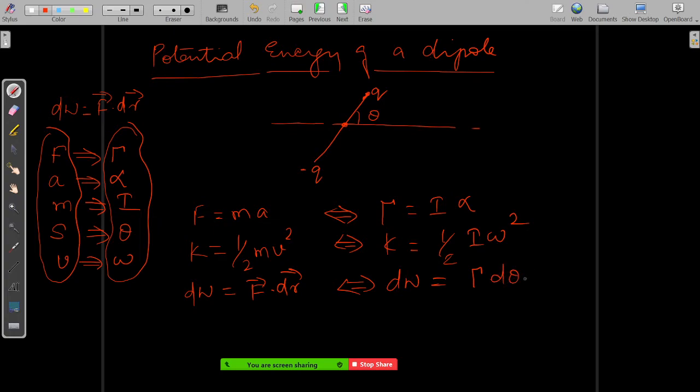The distance has changed into angular distance, and force has changed into torque. So for the time being, you just remember that a small work done is represented in rotational mechanics as torque d theta: whatever the torque is acting on the body, and the small rotation d theta that happened.